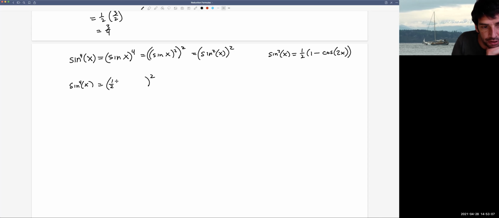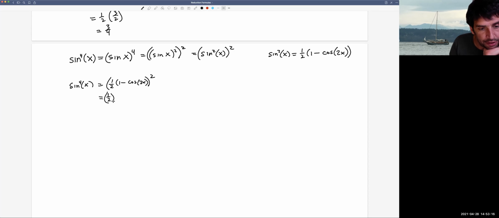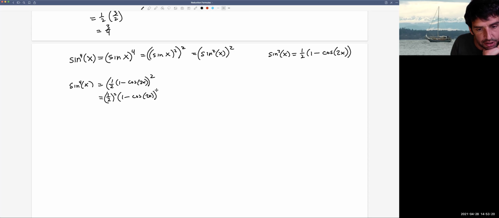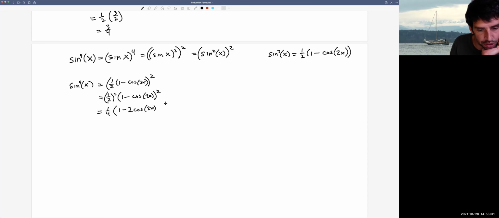So I get 1/2 (1 minus cosine of 2x), so we can write this as 1/2 squared times (1 minus cosine of 2x) squared. We get 1/4. If I square this, I'm going to have 1 minus 2 cosine of 2x, just expanding this using the distributive property, and then plus cosine squared of 2x.